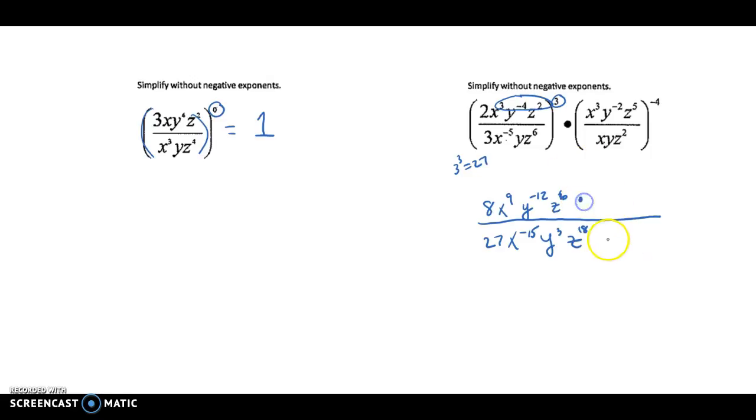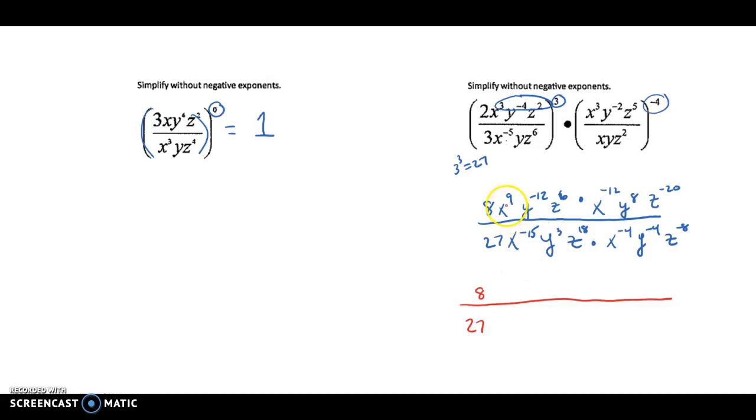Now, when I do this, everything in here is being raised to negative 4 power. X to the negative 12, y to the 8, z to the negative 20, then it will be x to the negative 4, y to the negative 4, z to the negative 8. Now, from here, I can go ahead and get rid of negative exponents. So 8 over 27. X to the 9 stays.